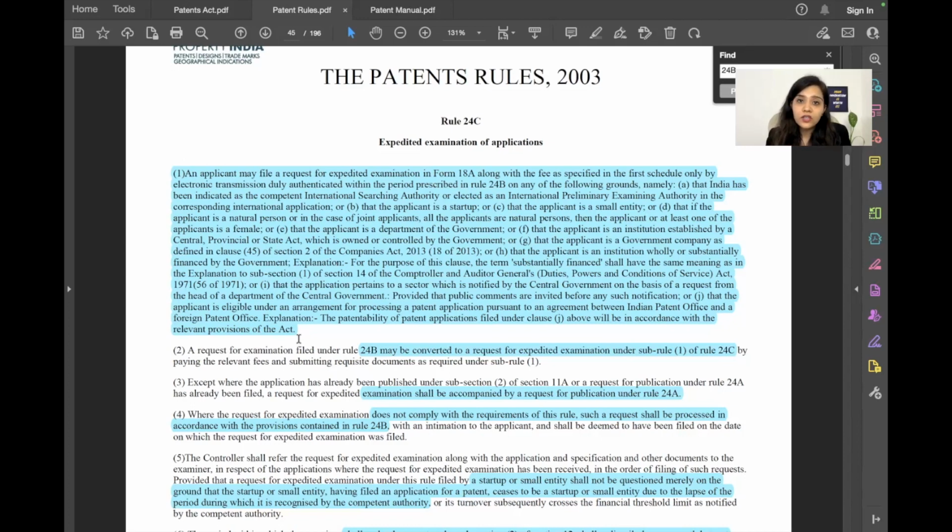So if we have certain foreign arrangements, then this provision can be applicable, and they have clarified that patentability of the application would be checked in accordance with the Indian Patent Act as well. So even if the patent is granted in another country, they'll see whether we are complying with the Indian Patent Act or not.